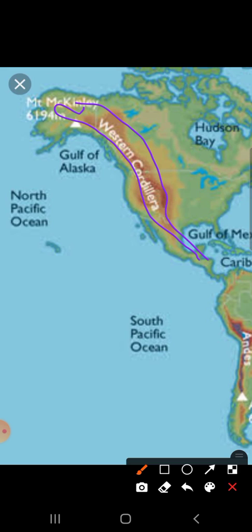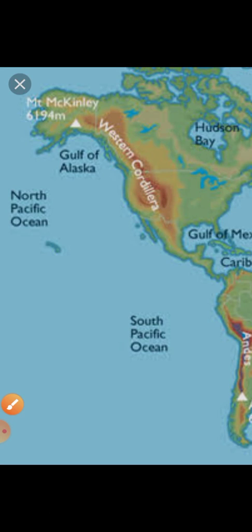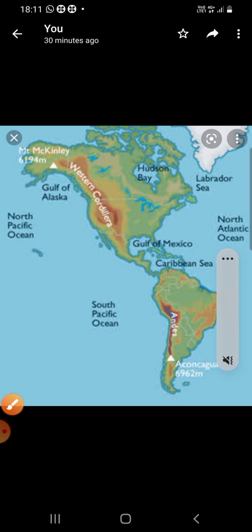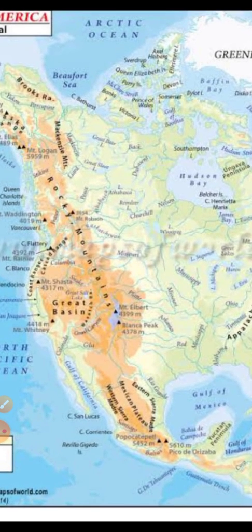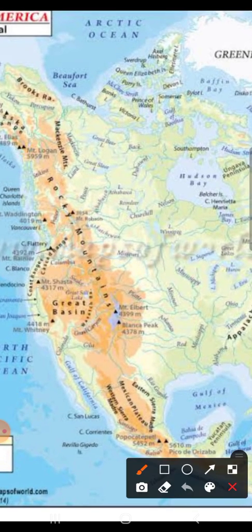The Western Cordilleras run from Alaska up to Panama. You can see up to Panama here in the south. They consist of a series of plateaus, for example, the Colorado and the Mexican Yucatan Plateau.